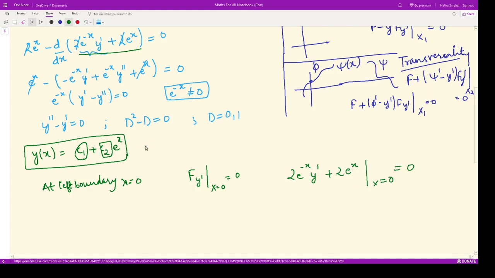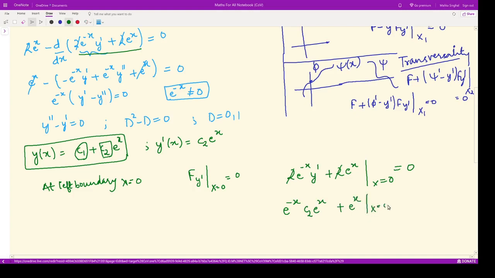So from here, what is y dash? If you differentiate this curve with respect to x, you will get c2 e to the power x. So let us substitute the values. We can take 2 common. So it would be e to the power minus x, y dash is c2 e to the power x, plus e to the power x.